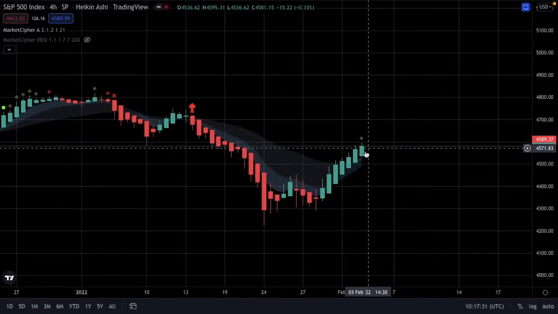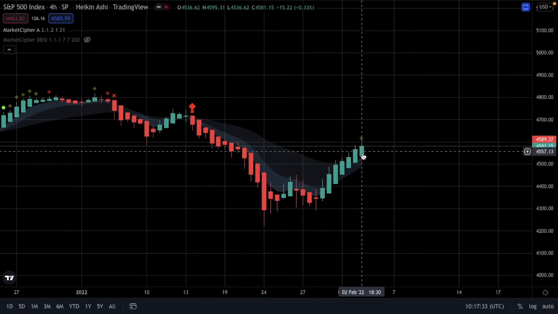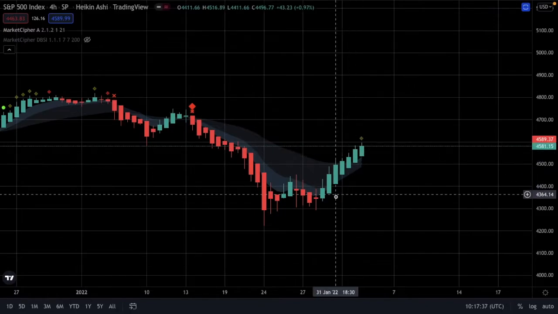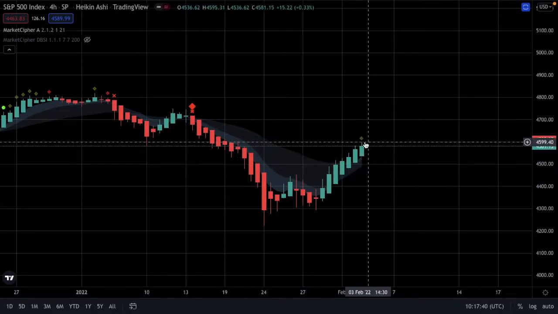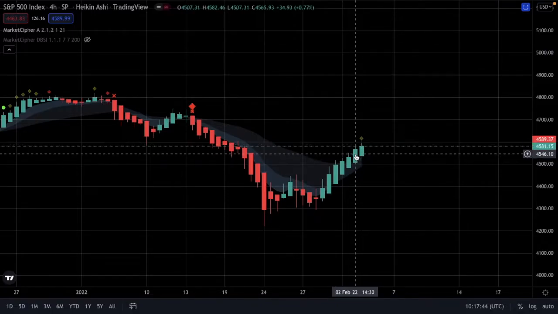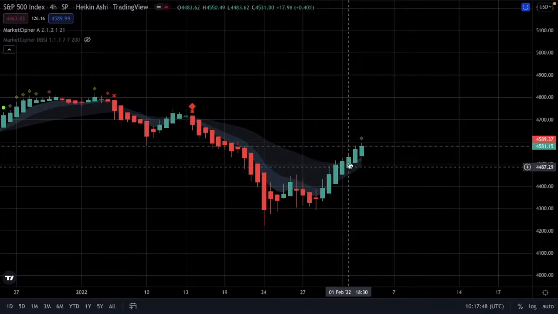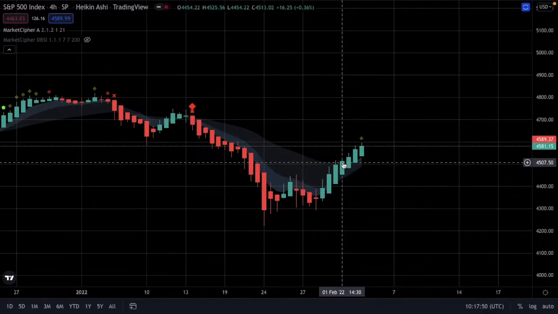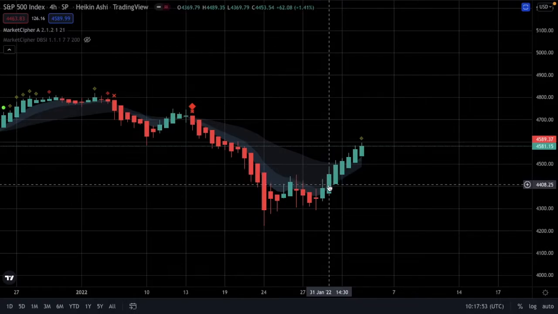Let me reiterate: this whole candle is a representation of a time frame, and this and that are all representations of a time frame.